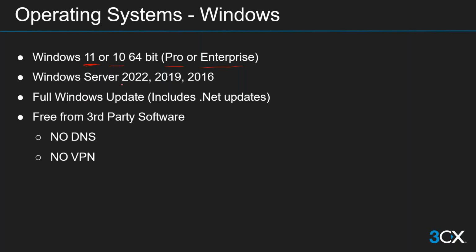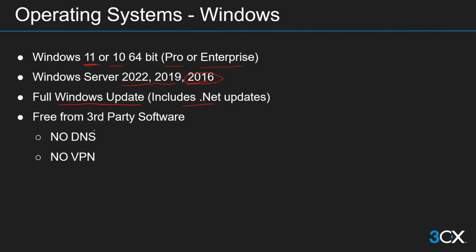For Windows Server, we support Windows 22, 19, and 2016. I would say if you install something new, try to avoid 2016, as this most likely is going to be cancelled soon. When you install it on Windows, ensure all Windows updates are applied prior, including all .NET updates.